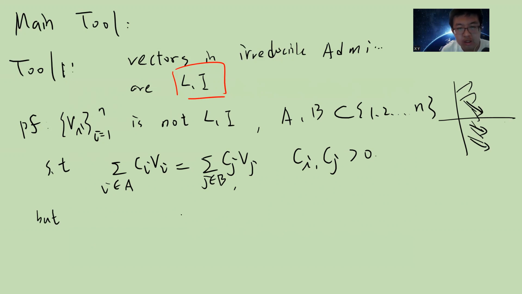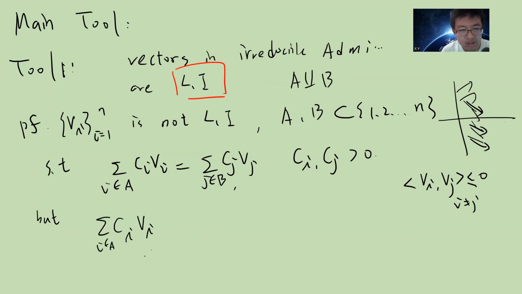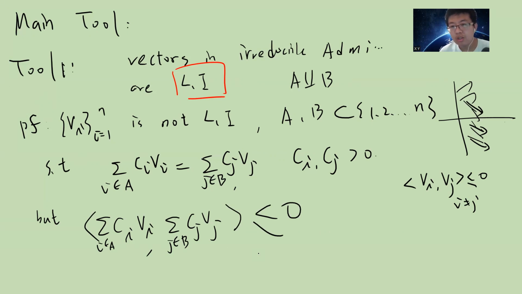Also A and B are disjoint. Their angle is obtuse, so v_i dot v_j is less than or equal to 0 if i is not the same as j. So the sum over j in B of c_j v_j, dotted with itself, is less than or equal to 0. But this is the same as the sum over A, so it tells you that the sum over i in A of c_i v_i is 0.